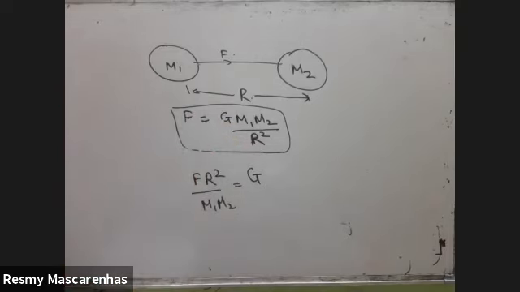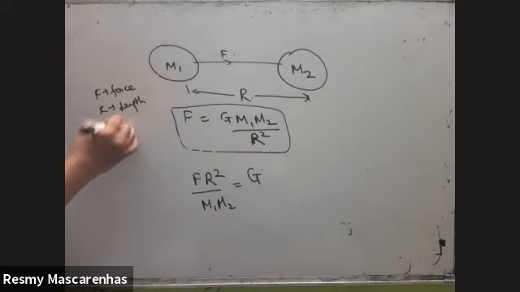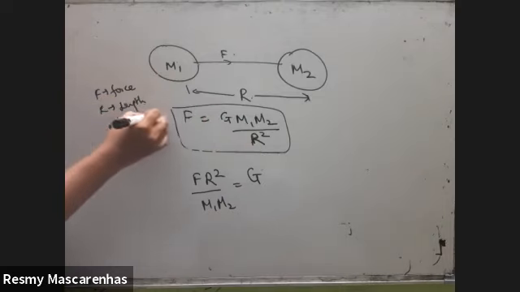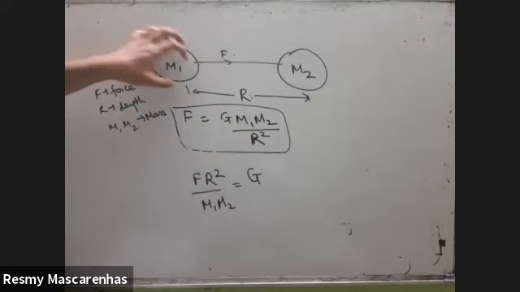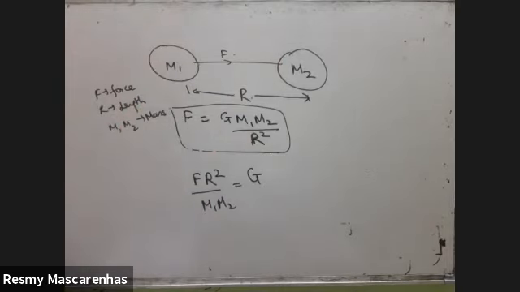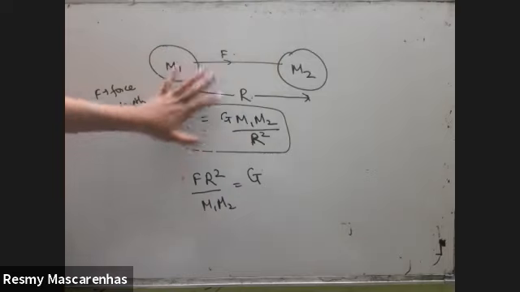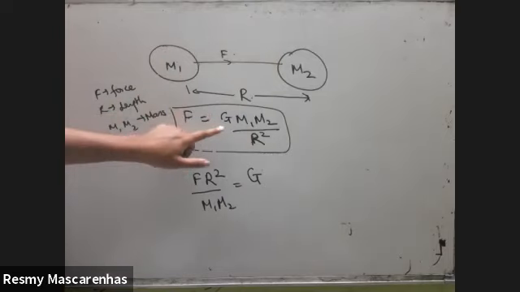So what is the dimension for force? Won't write and keep, F is for force, r is length, m1 and m2 means mass of these two bodies. Nobody will ask you to draw the diagram, explain and all that. Just start from here and then derive.